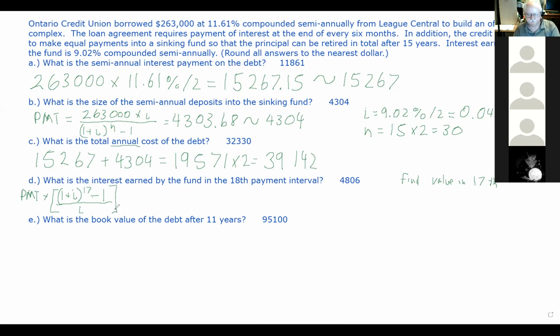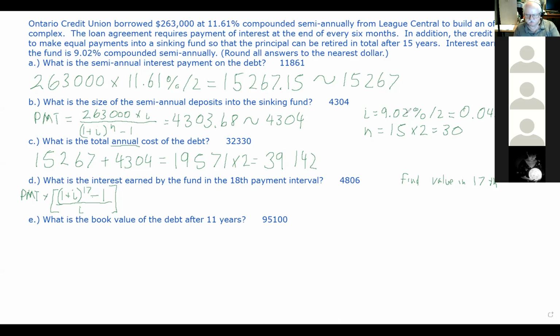So the interest rate we're dealing with here is the interest rate on the fund, which is the 9.02. So we've got that. So recall 1 plus 1. And then I'm not sure about the 17. Not sure if we should be using 34 here, but let's try the 17.